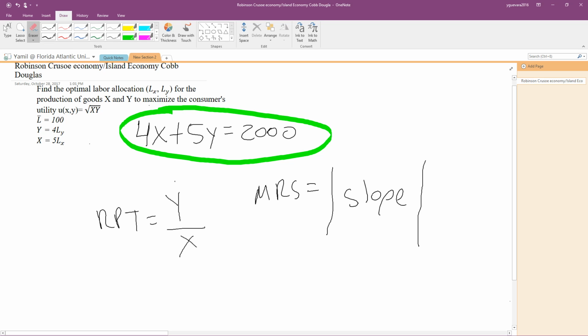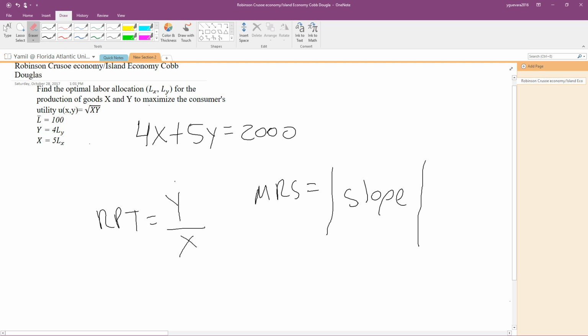I don't think it's going to be that complicated. So let's rewrite our PPF: 4x plus 5y equals 2000. Now we need to solve for y here. So I'm going to subtract 4x. Okay, so we got 5y equals negative 4x plus 2000, right?